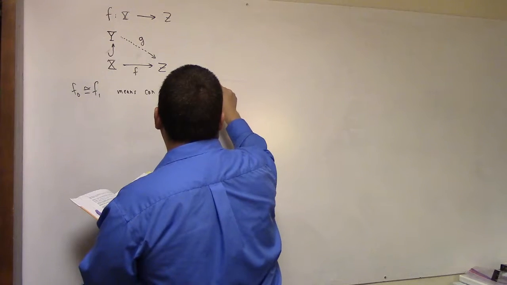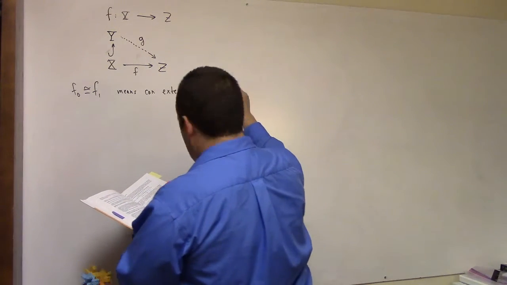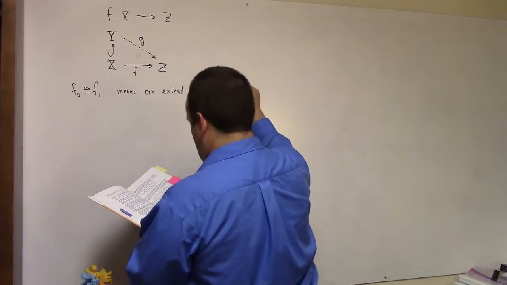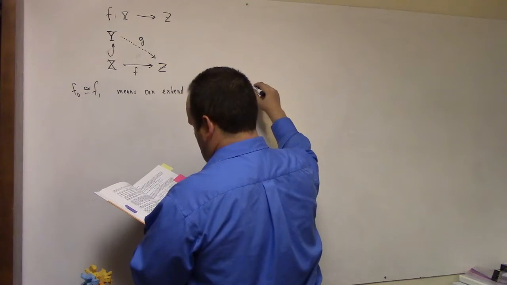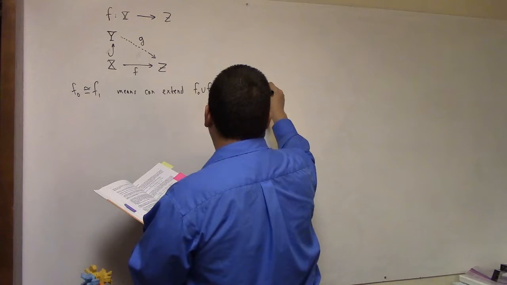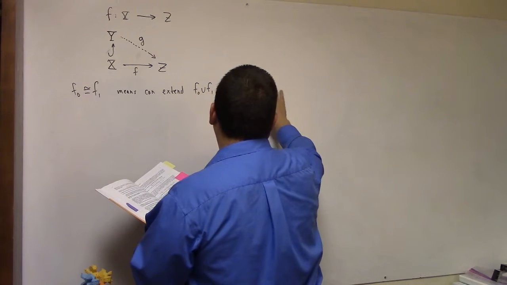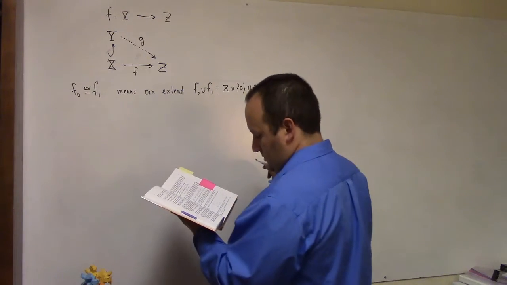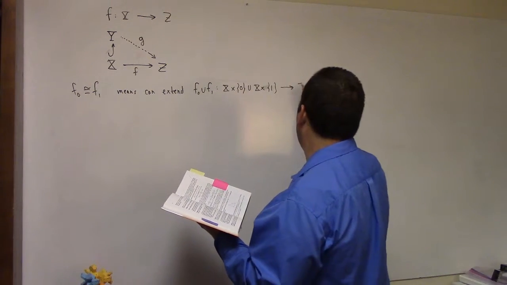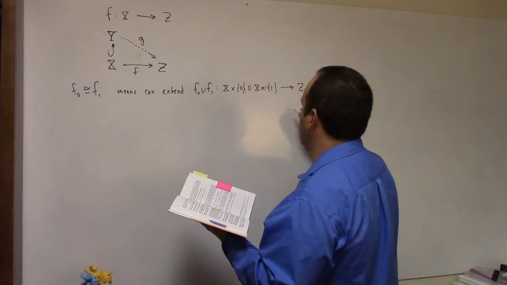F naught union F1, from X across the 0 point set union with X across the 1 point set, to Z, right? To all of X, right?